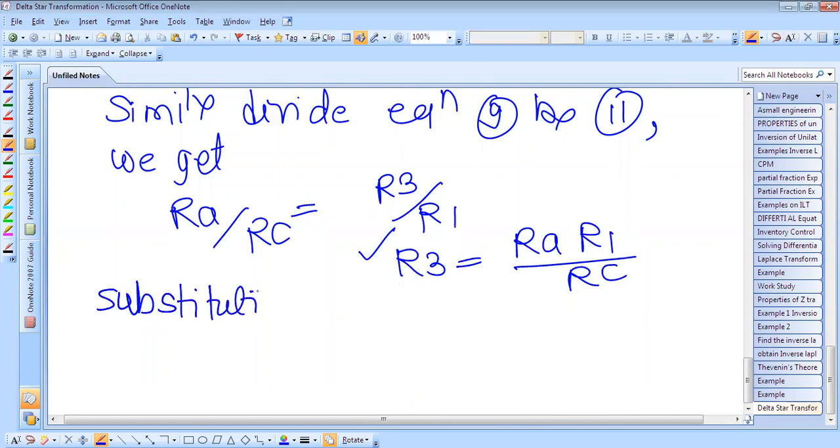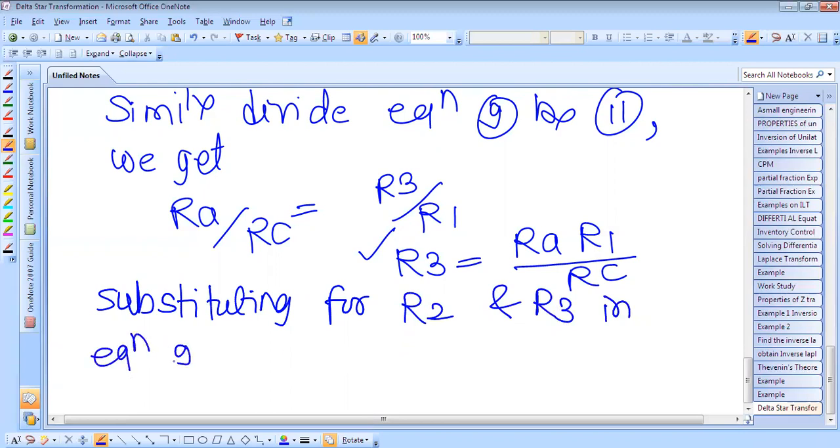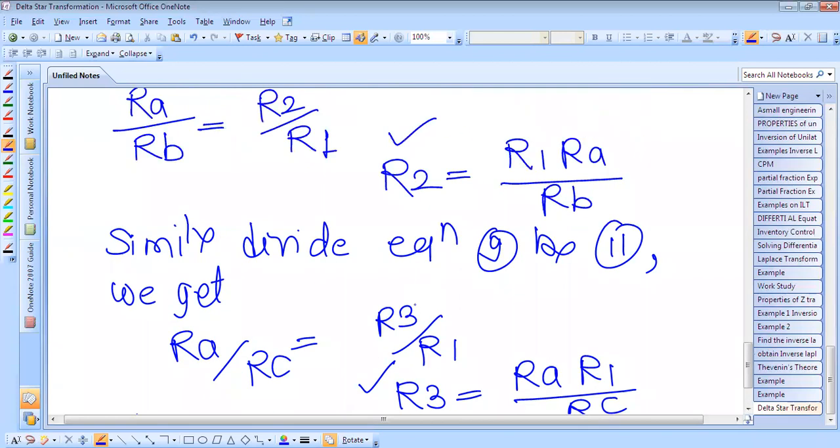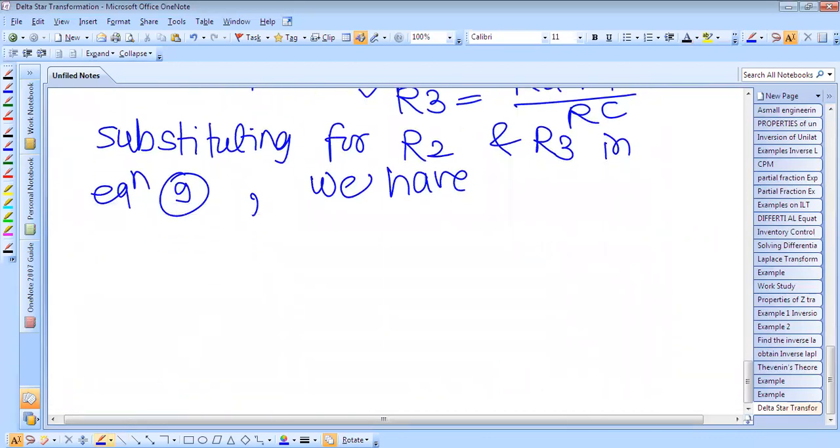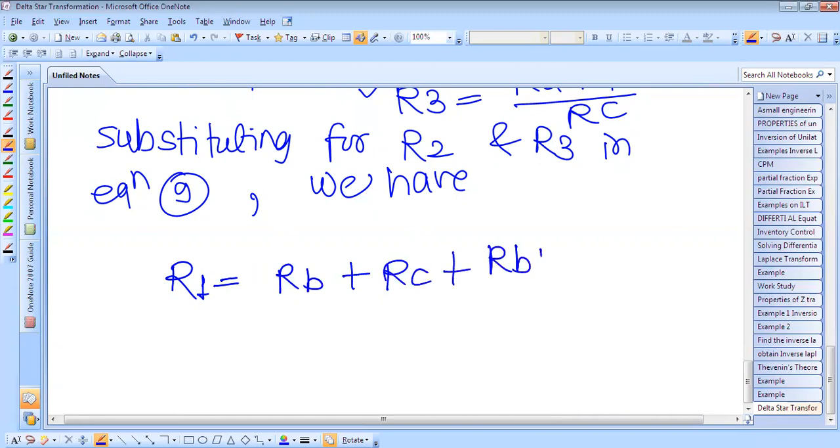Substituting for R2 and R3 in equation 9, we have R1 is equal to RB plus RC plus RB into RC divided by RA. This is equation number 12.